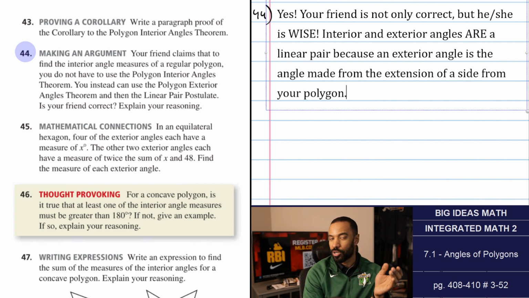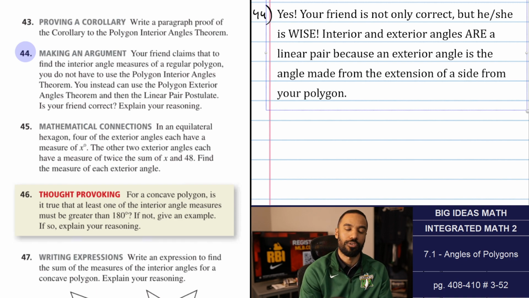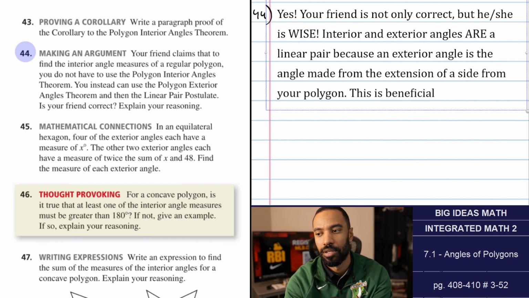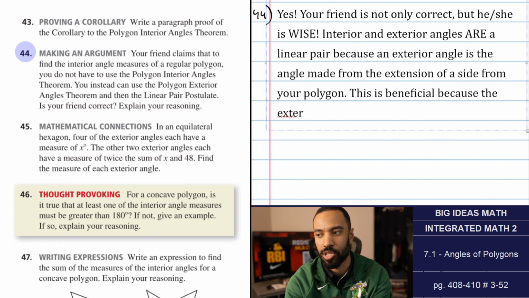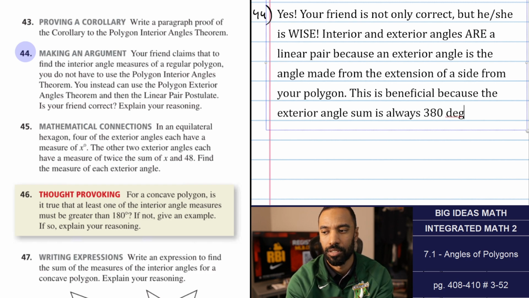The polygon exterior angle sum is always 360 degrees. That doesn't change. I don't care if you have 1,000 sides. The exterior angle sum is always 360. So I'm going to put that. This is beneficial because the exterior angle sum is always 360 degrees. Not 380, not 370, not 350 degrees.